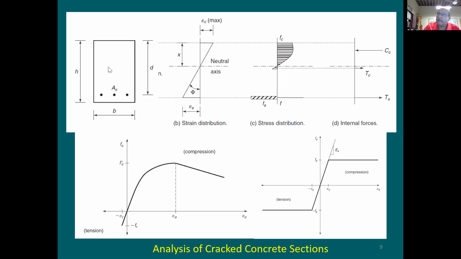So what happened to the neutral axis? Would the neutral axis go up or is it gonna go down? Yes? Anyone here? Goes up.